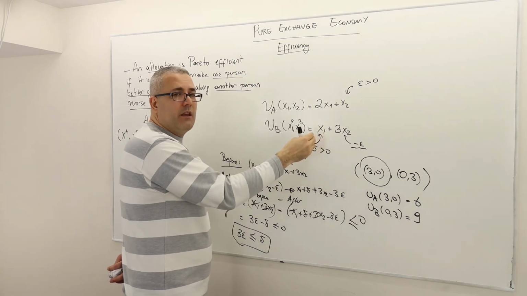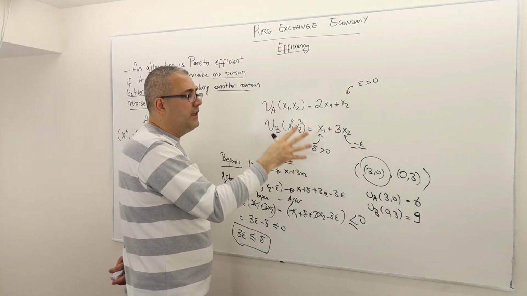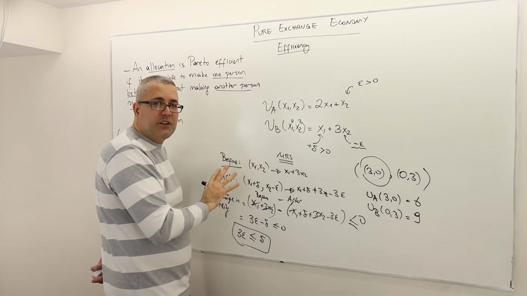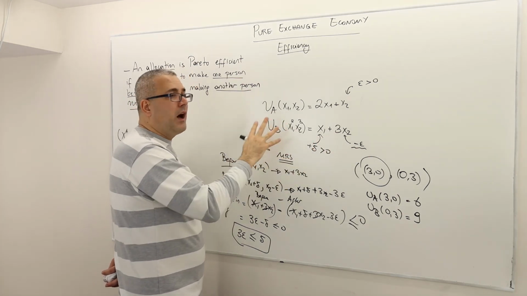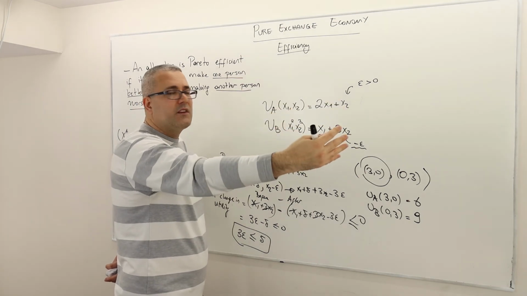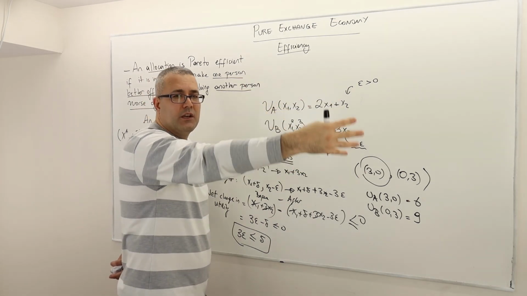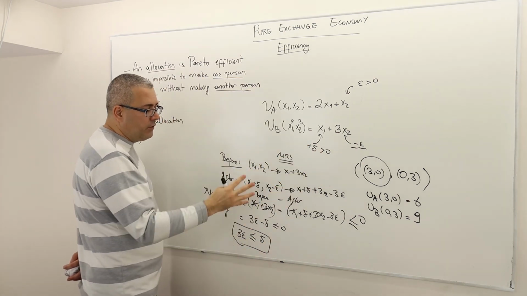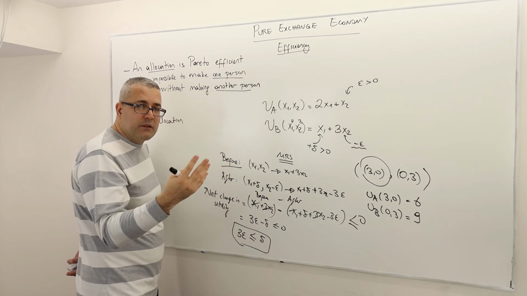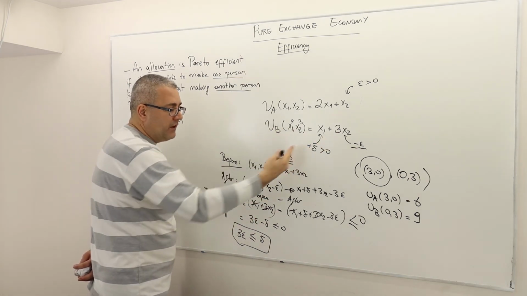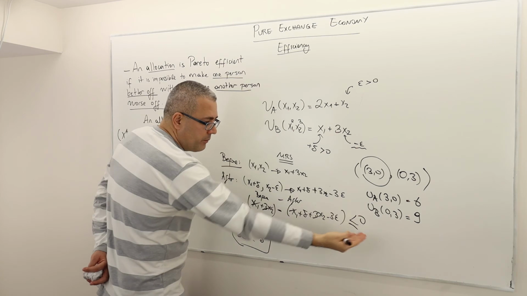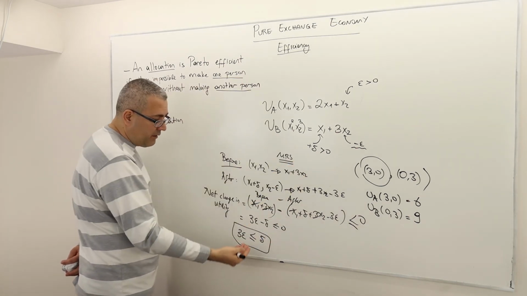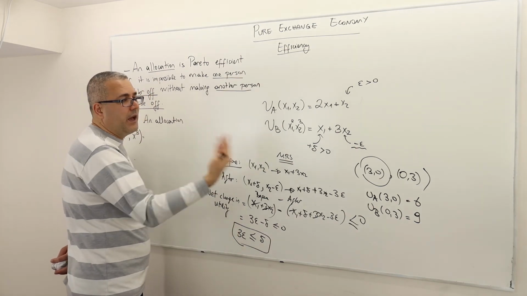So I have to give him some amount of x1 so that he's indifferent between before and after the exchange, so that Bob's utility remains the same but Anita's utility is improved. What I have shown is that in order to have improvement, or for Bob to be indifferent, this difference has to be less than or equal to 0, which implies that delta has to be 3 times more than epsilon.